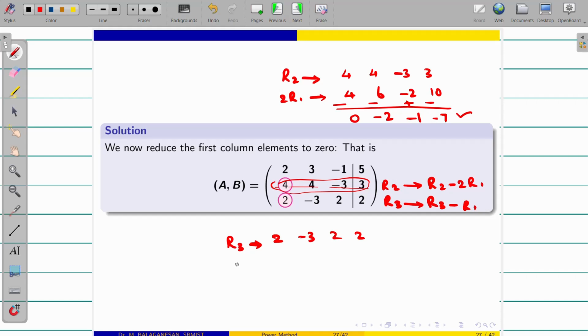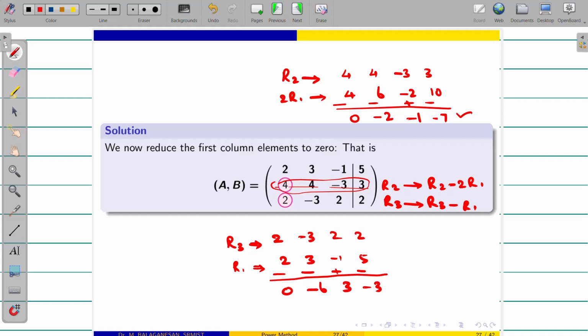Now directly we can write R1: 2, 3, minus 1, 5. So we have to subtract: minus, minus, here it is plus, minus. So 0, minus 6, then 3 here, and minus 3. Is it clear? This is the concept of row reduction.